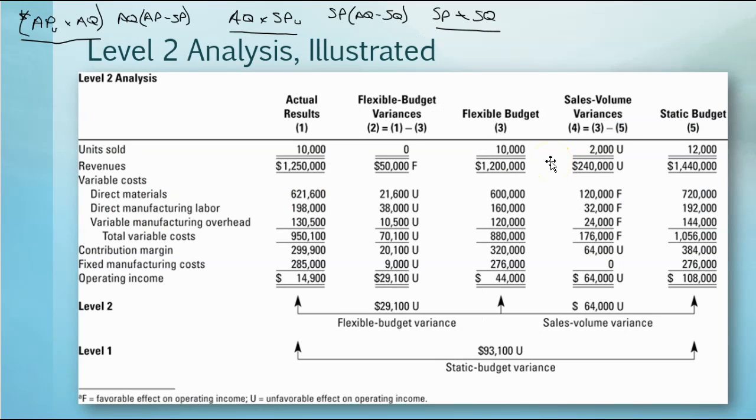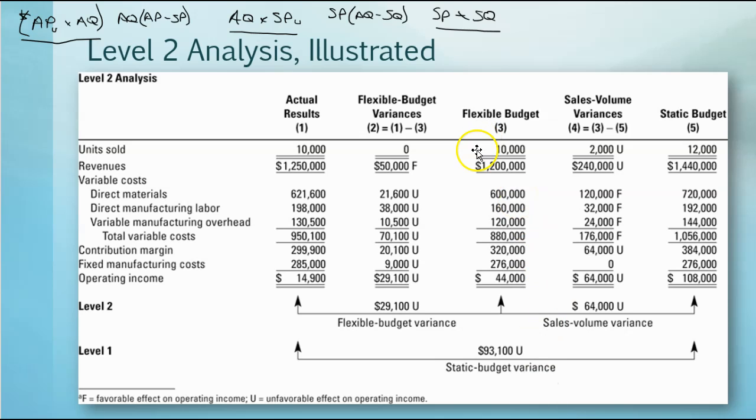Now what level 2 does is we still have our actual results here and the static budget here on the far right, but in the center we've put down a flexible budget, which keeps the actual quantity, but uses the budgeted rate. It uses the standard price. Okay, and you can do these for both revenues and variable costs.